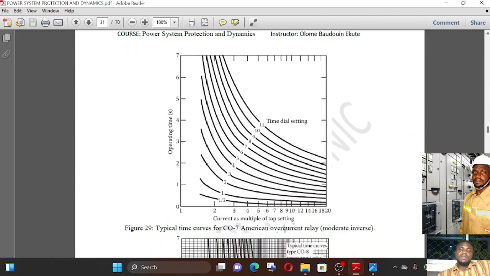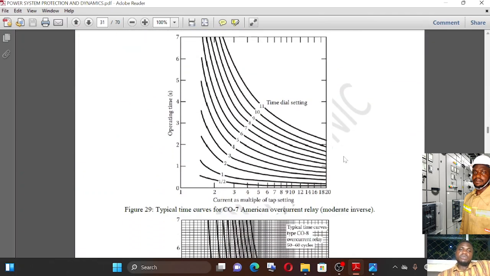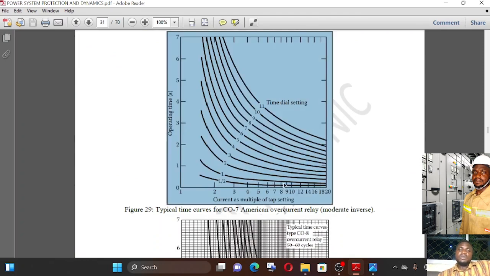Here are the various types which have been broken down. For example, this is that of the CO7 overcurrent relay 7, right? So here's a time dial setting. You can have different time dials, time dial 1, time dial 2, time dial 3, and so on and so forth.